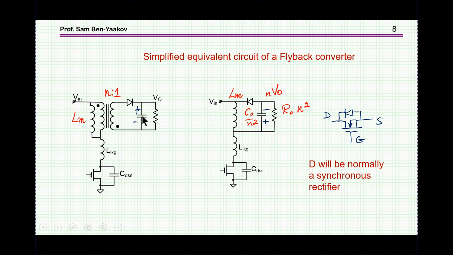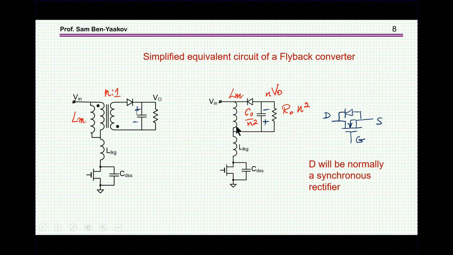Next, I'm reflecting the output to the primary. Here it is, secondary to the primary. So this is reflected by the current ratio. The values here are not important at this point. And the point is that we sort of eliminated this transformer, so we don't have to worry about current coming in, current coming out, etc.